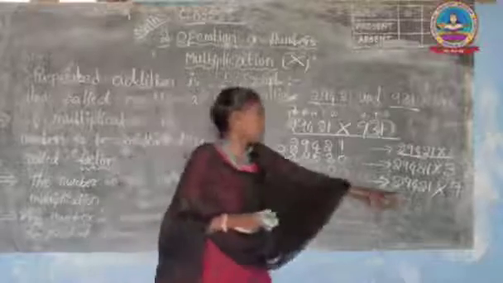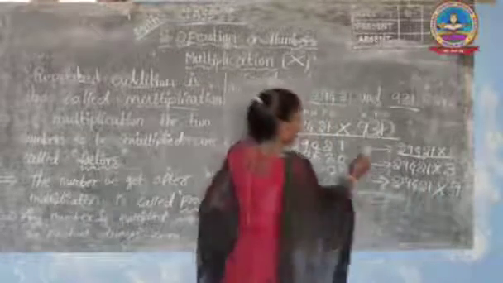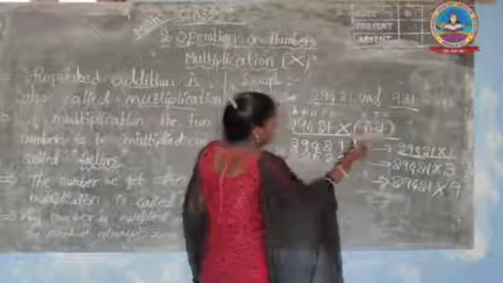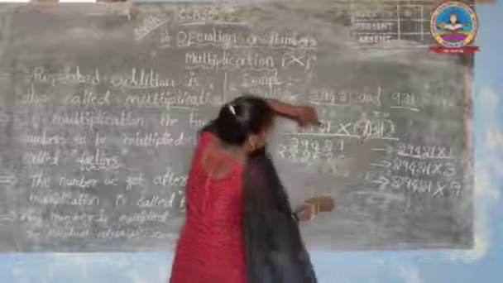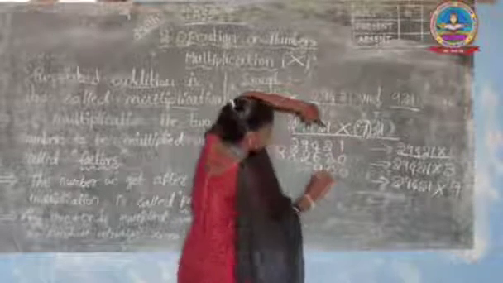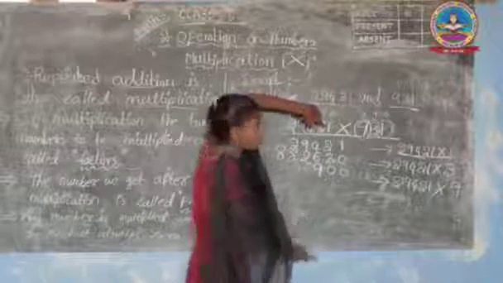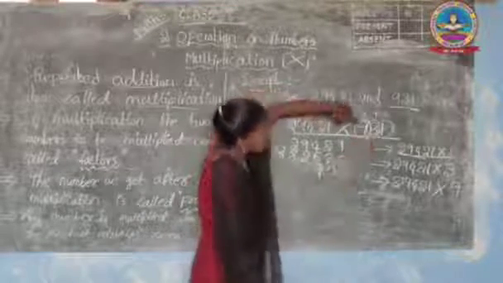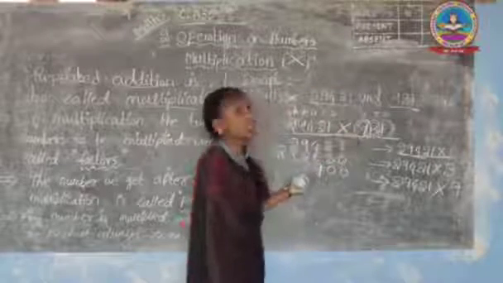So let's multiply this number by 9. 9 ones are 9. So write 9 below the 6, below the hundreds place. Right? If we multiply by the hundreds place digit, we write the product starting from the hundreds place.